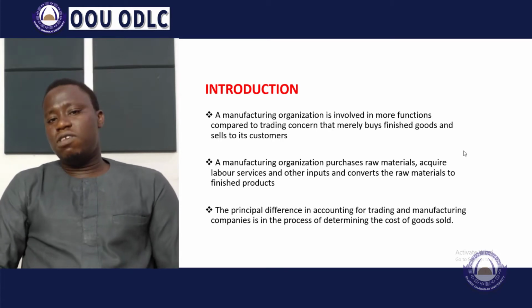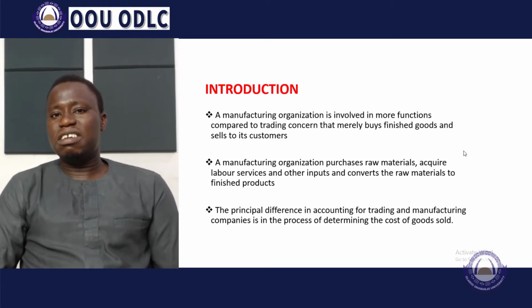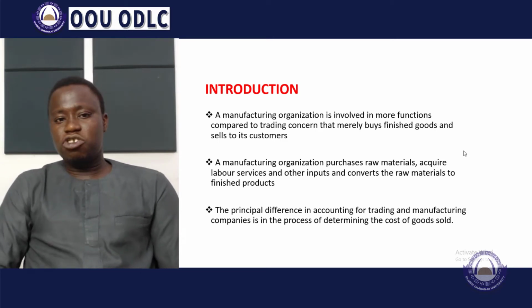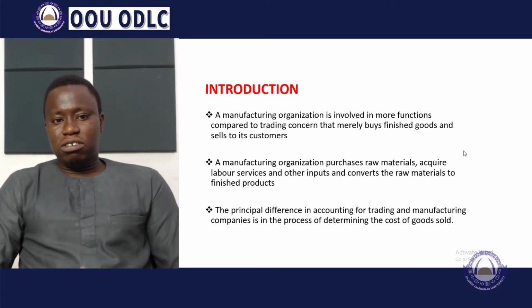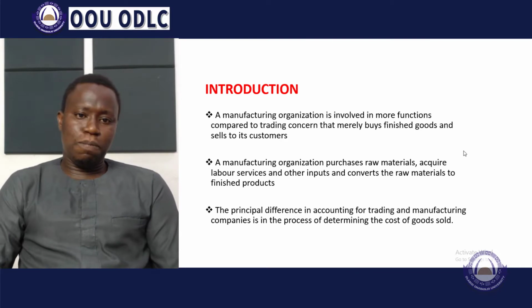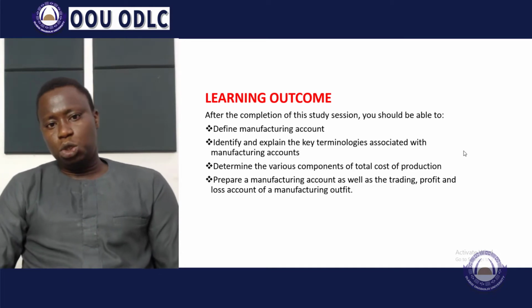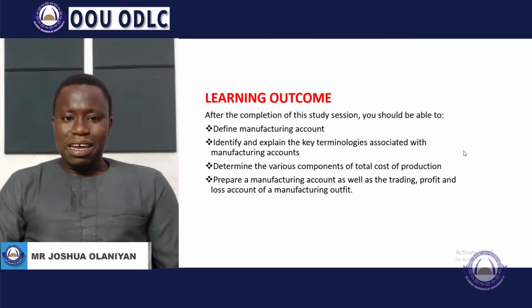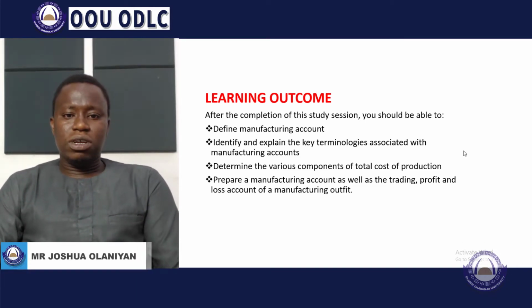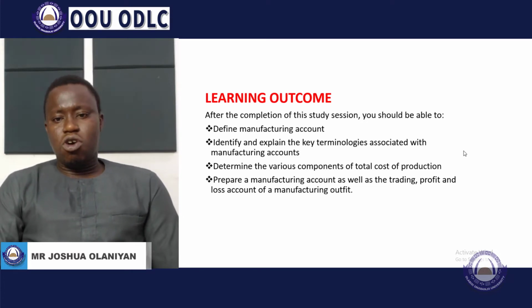At the end of this session, you should be able to understand the following. You should be able to define the manufacturing account, as well as identify and explain the key terminologies associated with manufacturing accounts. You should also be able to determine the various components of total cost of production.